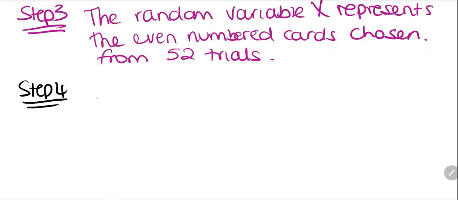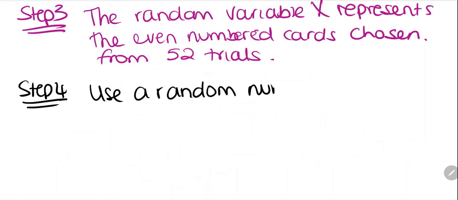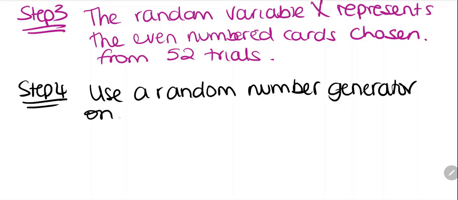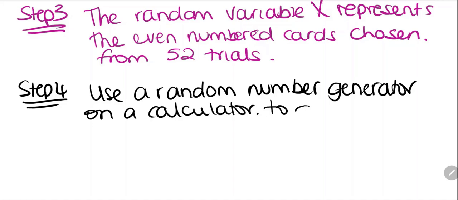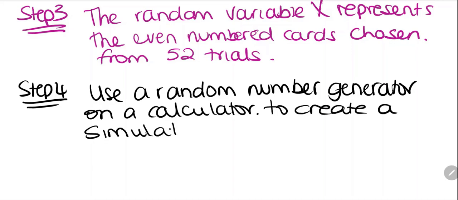So we're going to use a random number generator on a calculator to create a simulation of the experiment.